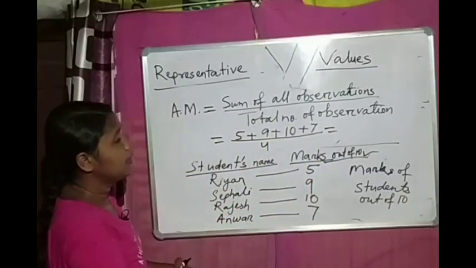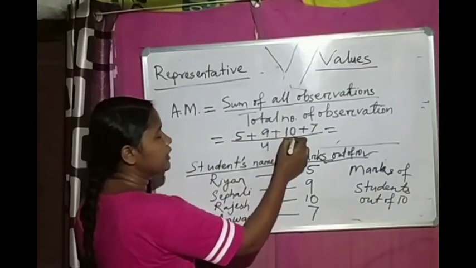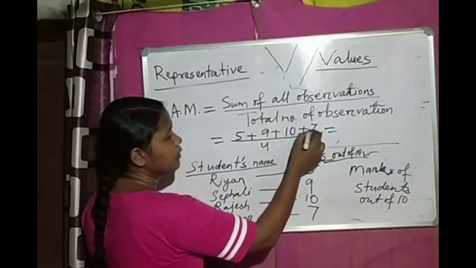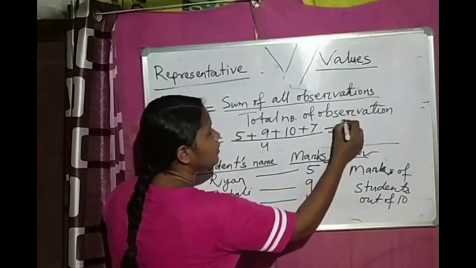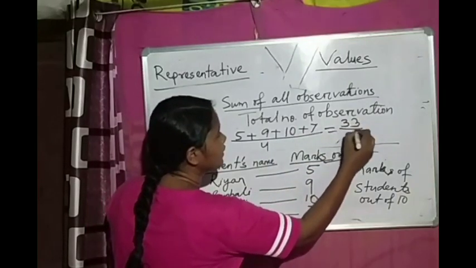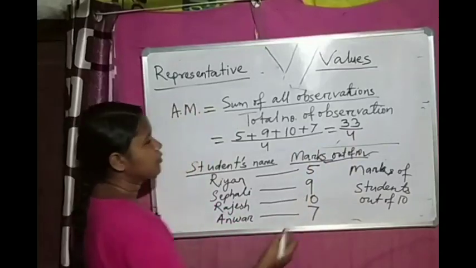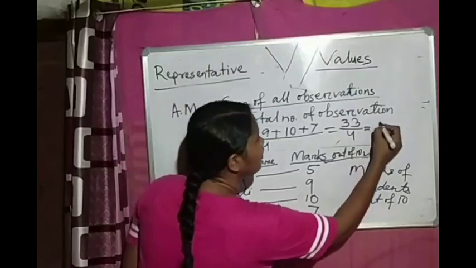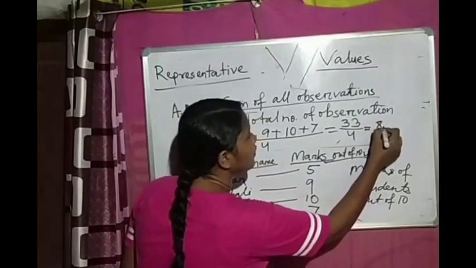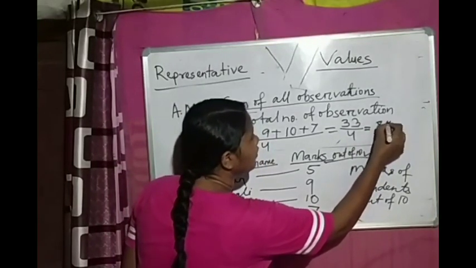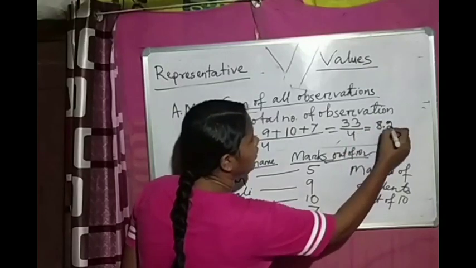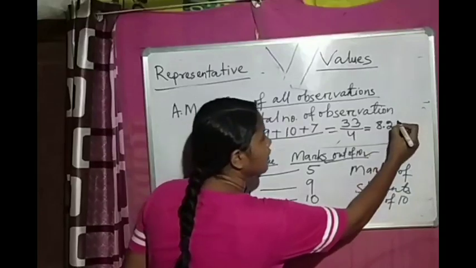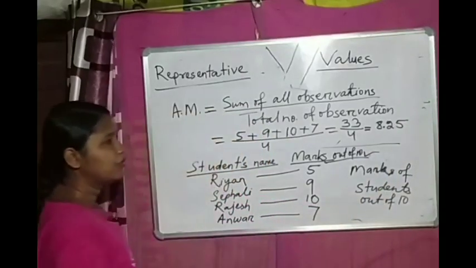Let's find out. 5 plus 9 is 14, 14 plus 10 is 24, 24 plus 7 is 31. Then 31 by 4 gives 8.25.